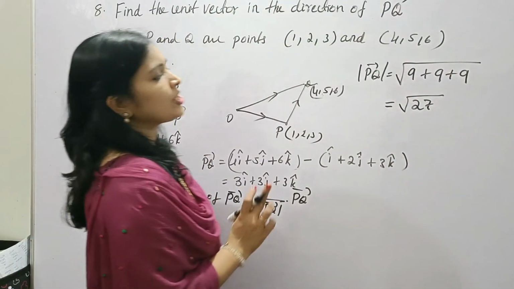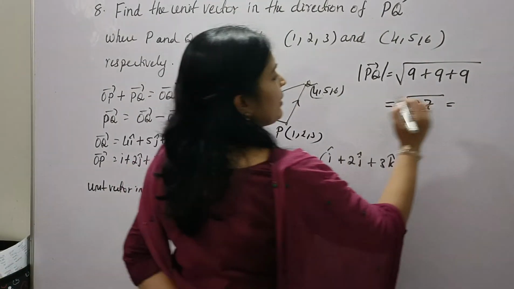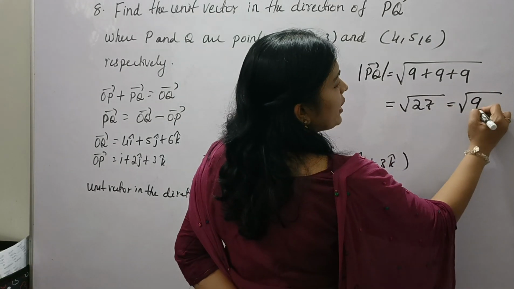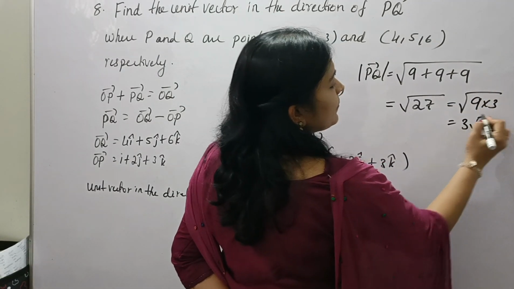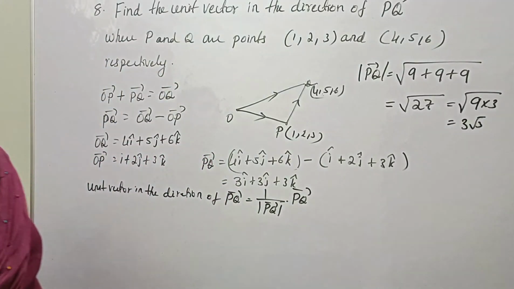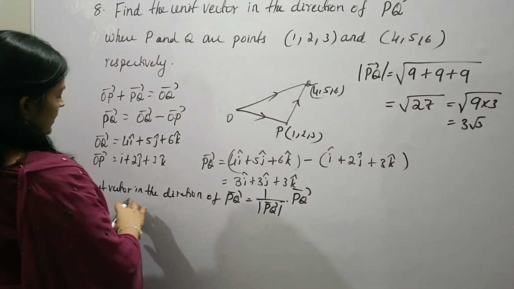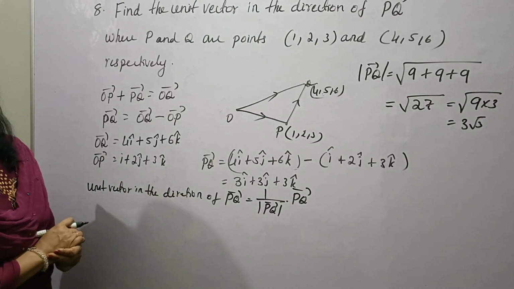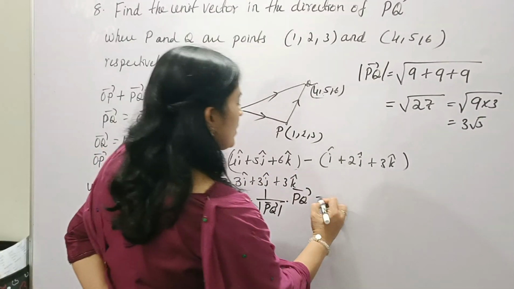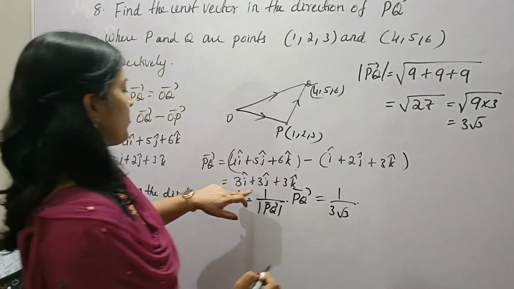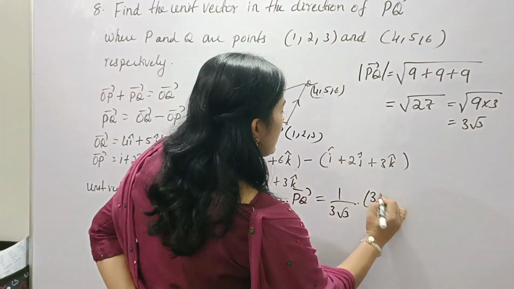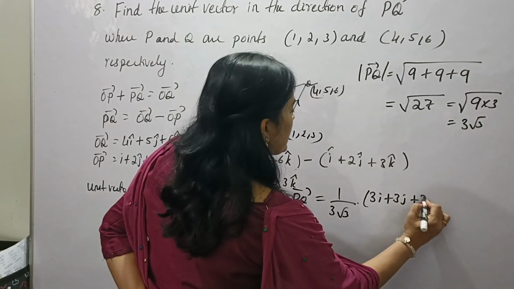So modulus of vector PQ is equal to, this can be written as square root of 9 into 3, that is equal to 3 root 3. So the unit vector in the direction of vector PQ is equal to 1 by 3 root 3 into (3i plus 3j plus 3k).